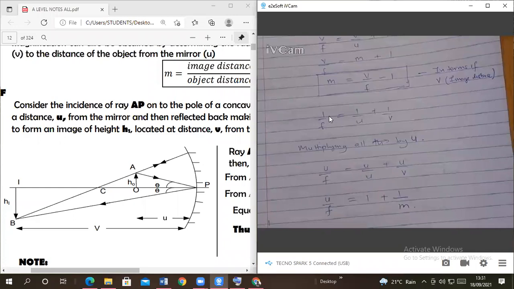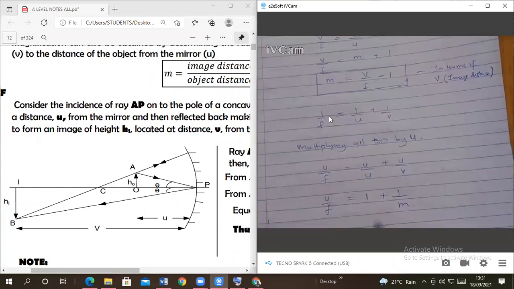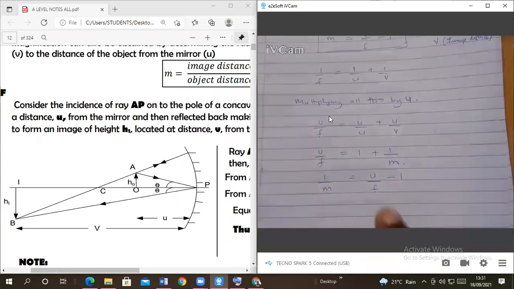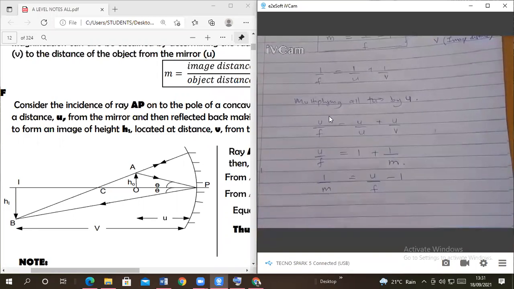Are we together, members? So I can say 1 over M equals U over F minus 1. If I want to make M the subject, I have to find the LCM on this side.